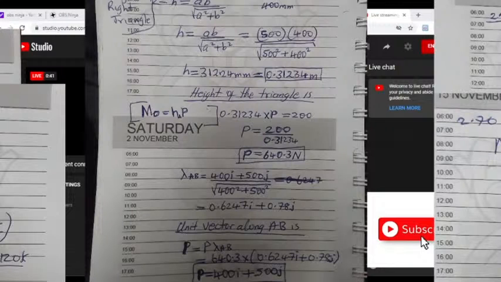That p is the force that you have to resolve into components. The p that you got there is not the final answer.